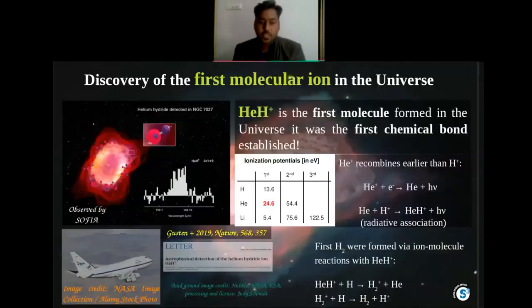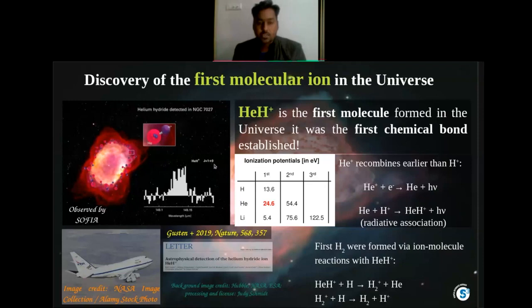There is another groundbreaking work by Güsten et al. 2019, who observed the first molecule formed in the universe, HeH+, in the planetary nebula NGC 7027 by the GREAT instrument on the SOFIA telescope.